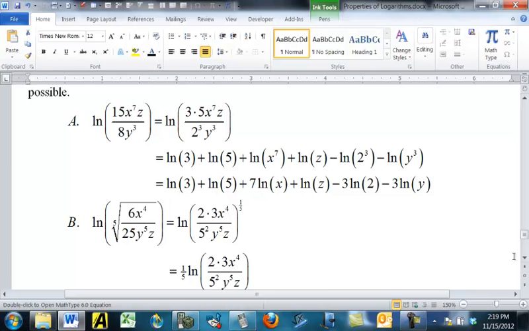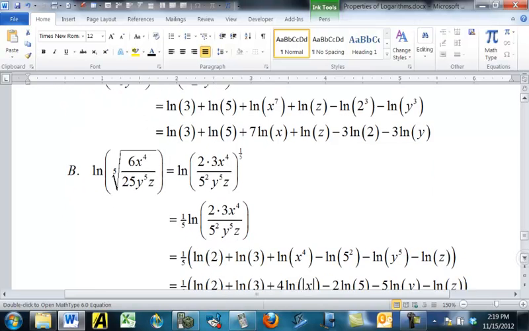Now, the only other thing we can do is the ones that have powers, we can bring the powers out front of the logarithm, and they become coefficients there, multiplied. So ln of x to the 7th is 7 ln of x, ln of 2 cubed is 3 ln of 2, and ln of y cubed is 3 ln of y. And by the way, that's the only one you have to kind of worry about. If that power is even, you need to leave an absolute value behind, but it was odd in these cases.